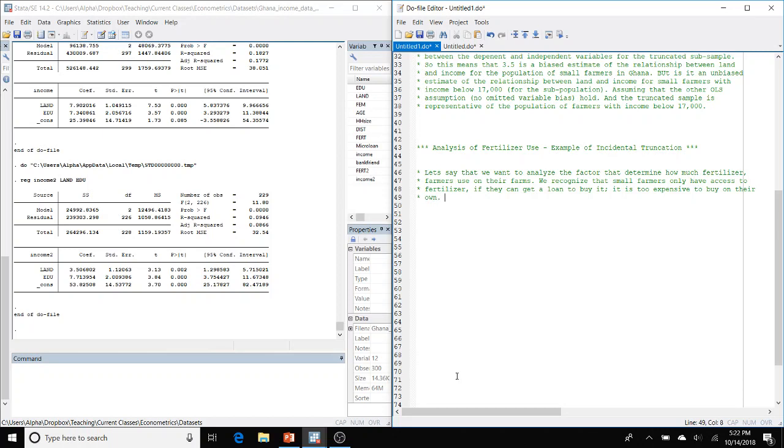All right. So we may have incidental truncation for our fertilizer variable. The selection variable will be if they received a microfinance loan or not.